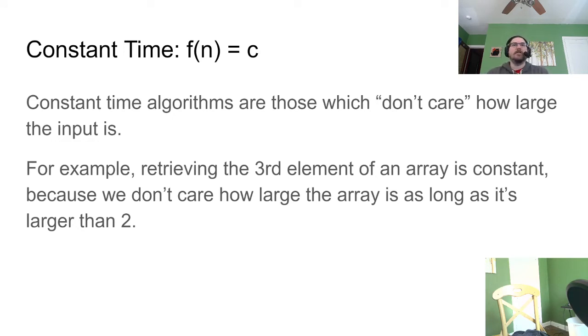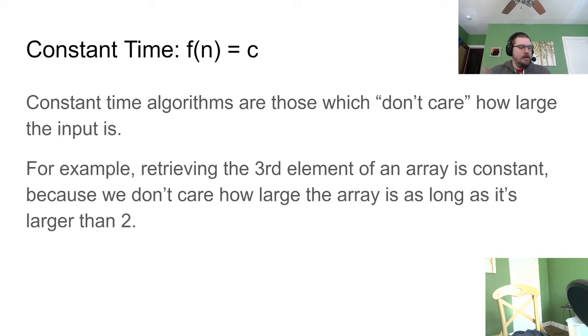Constant time algorithms are those that don't care about how much input there is. For example, if I have an array of size 1,000,000 and I want to get the 50th element, constant time. I just look in the 50th slot. Done, right?